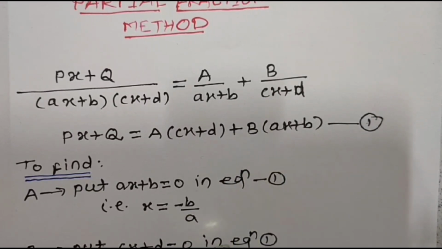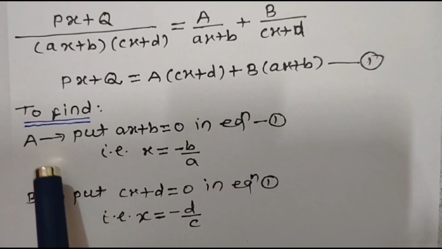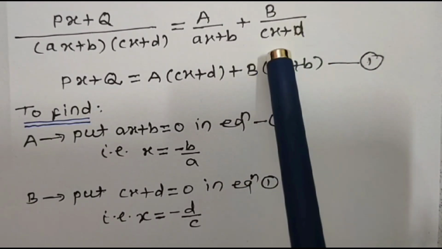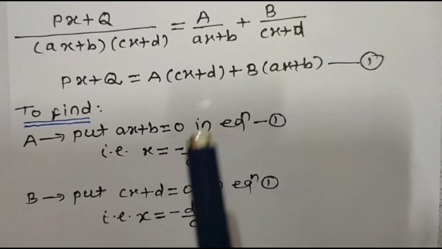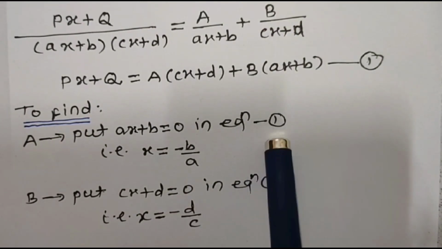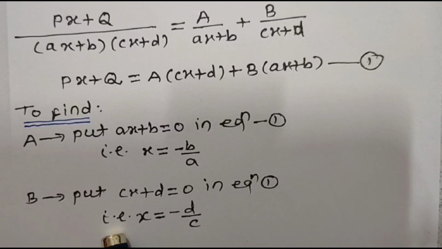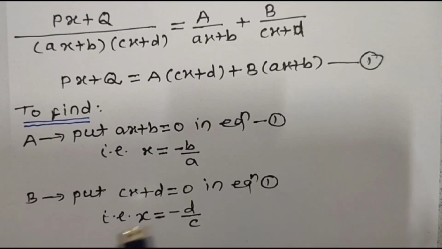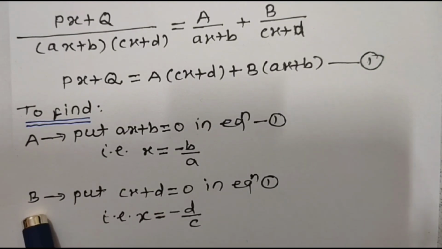Then, to find B, similar to the above case, put the denominator of B, cx plus d, equal to 0 in equation 1. That is nothing but x equal to minus d upon c, which we put in equation number 1. That gives the value of arbitrary constant B.